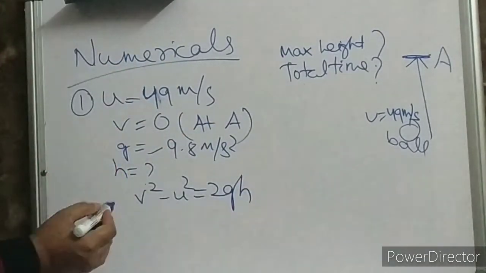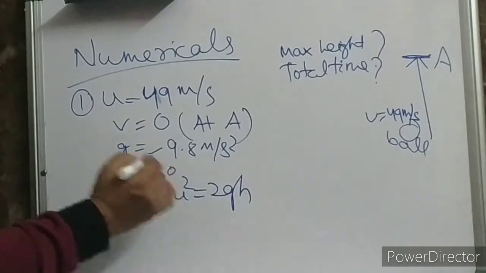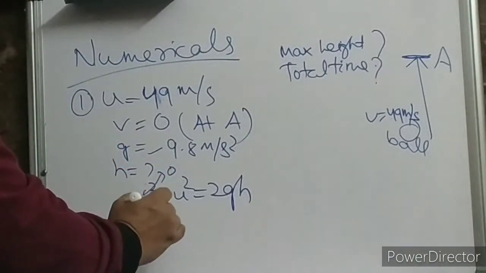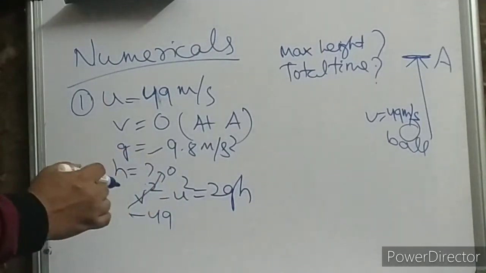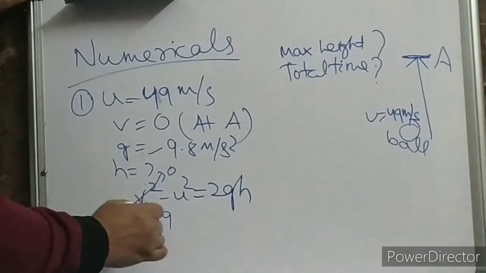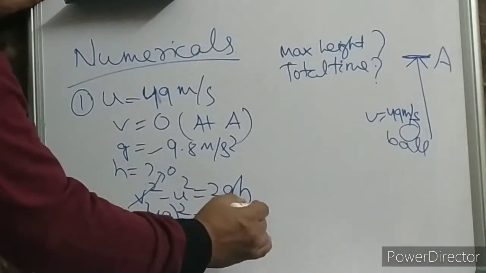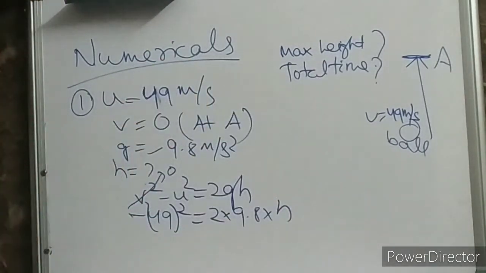What is v square? V square is 0 now. Minus u square, that means minus 49 square, 2 into 9.8 into h. Am I doing correct? I don't think so.